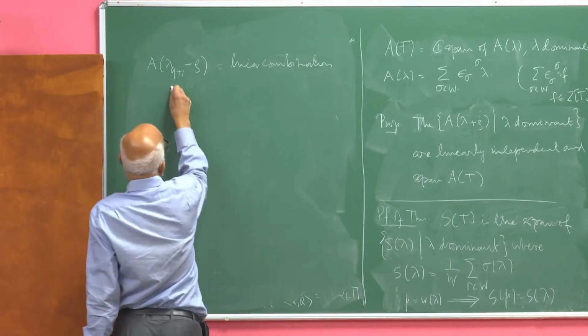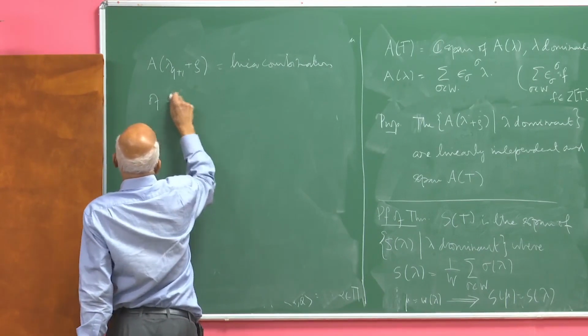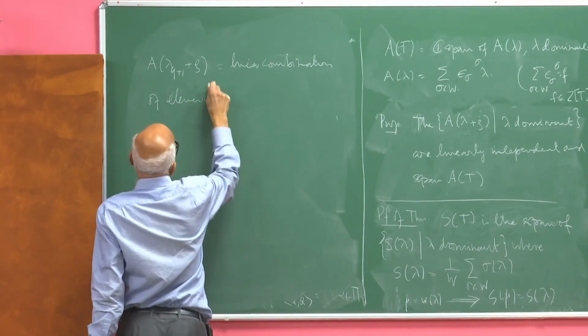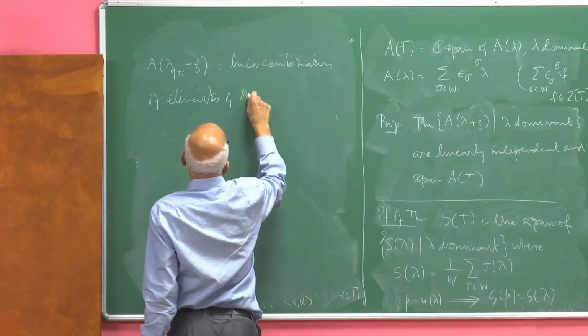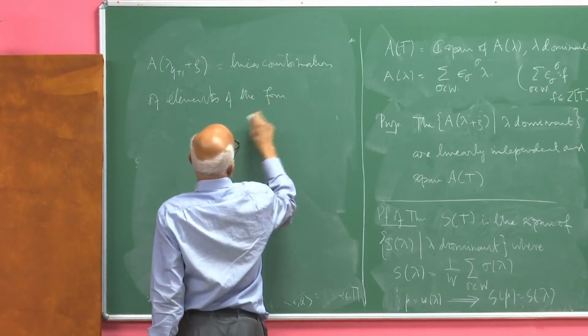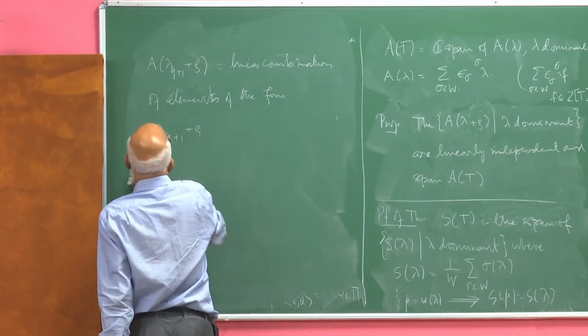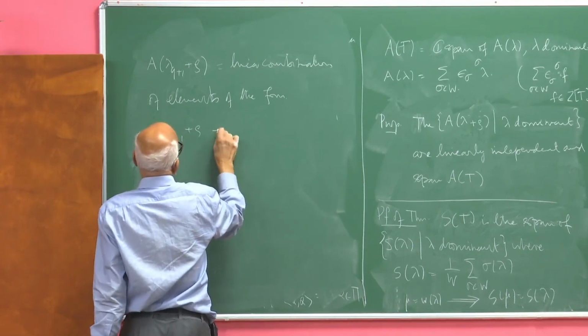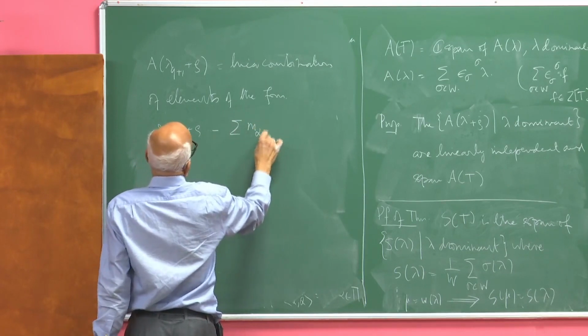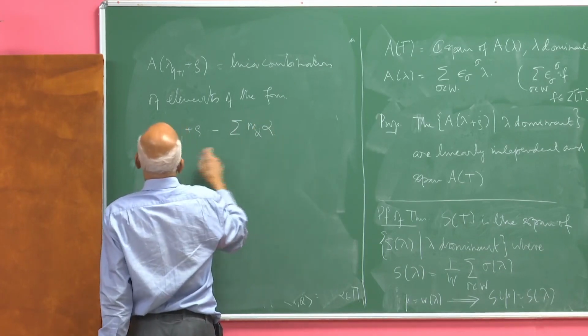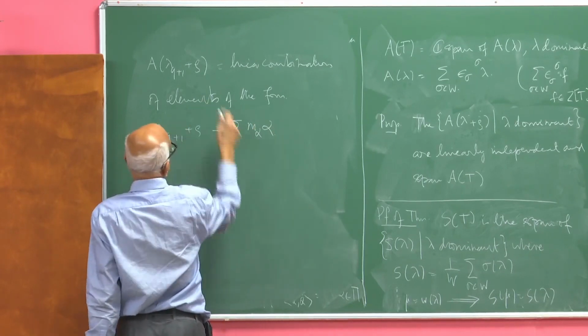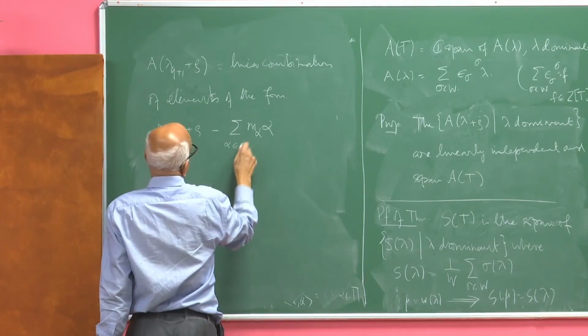So this is a linear combination of elements of the form lambda q plus 1 plus rho minus sum of m alpha alpha, alpha in pi.